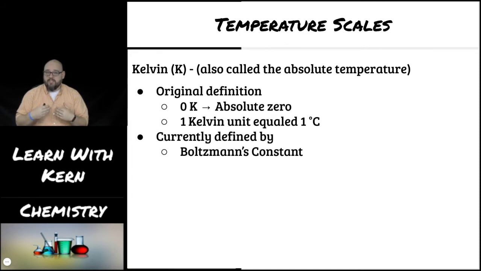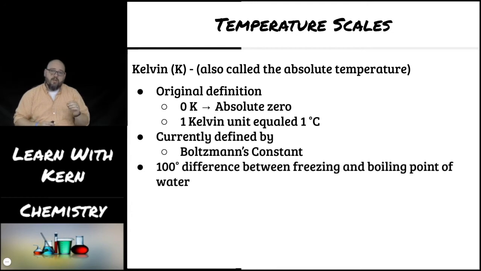Now, we do use Celsius a lot because a lot of our measuring tools and a lot of countries use Celsius as their official temperature scale. But in the science lab, we most often are going to use the absolute temperature scale. And it's really awesome because you never end up with a negative number on the Kelvin scale. But on the Kelvin scale, there is still a 100-degree difference between the freezing and the boiling point of water. It's just the freezing point of water is not 0.